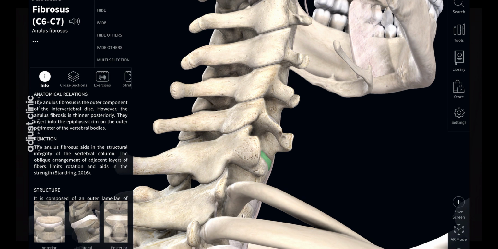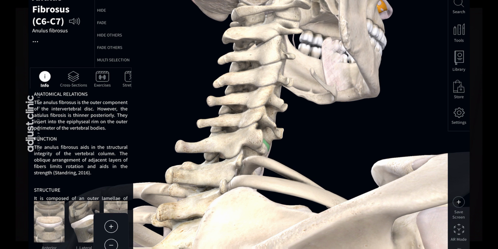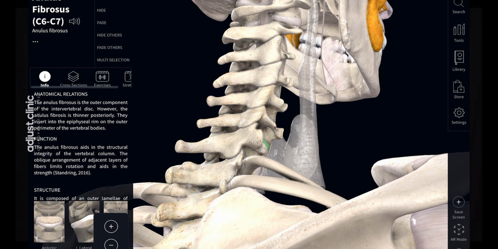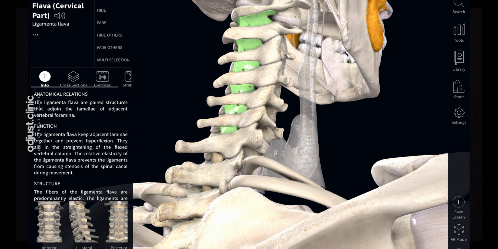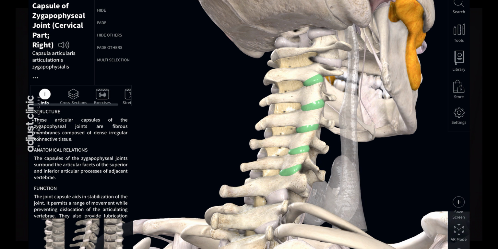These facet joints in the spine are synovial joints, and they're very pain sensitive. Well, we've got more layers of ligaments in there. Right here we've got the ligamentum flavum. These are the capsules of the synovial joints, the zygapophyseal facet joints.